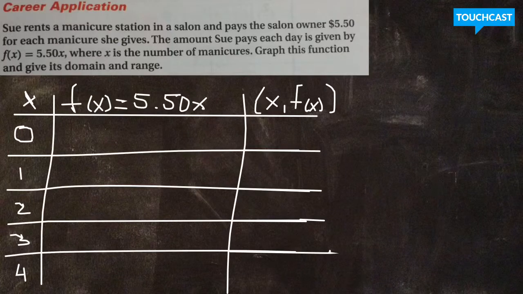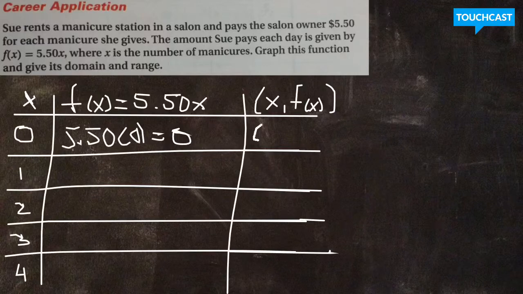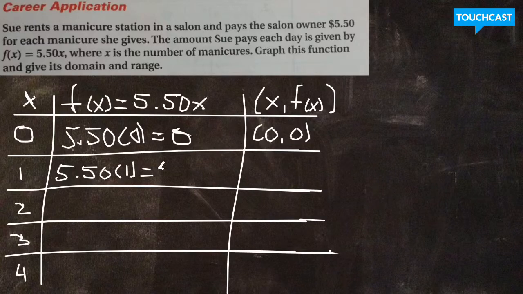So we have 5.50 times 0, which is going to equal 0. So our first ordered pair is 0, 0. Then we've got 5.50 times 1. Well, anything times 1 is itself, so it's just 5.50.